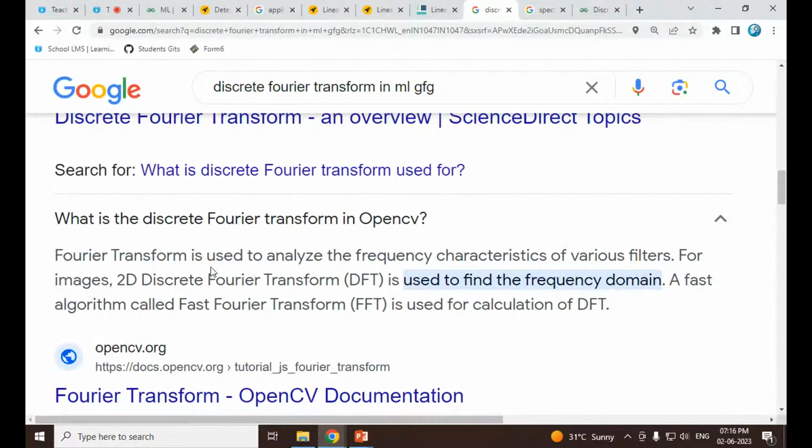Alright. So any media that you are handling, photo, video, audio, to handle that thing, you are going to manipulate that thing also when you take that thing as input. So to manipulate that, you have this discrete Fourier transform available as a handy tool to manipulate those things with the help of this frequency domain variation.